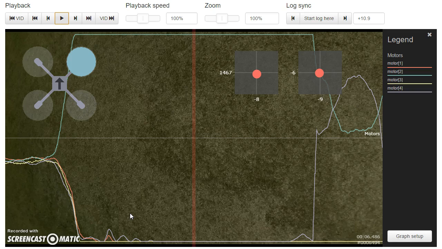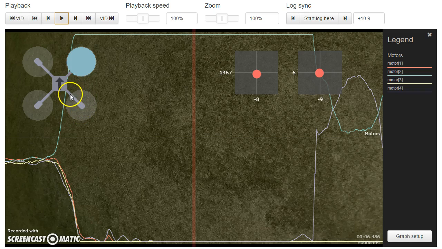Once a motor reaches maximum, let's say you're trying to roll left and you're also doing some other stuff. Your number one motor, your back right motor, is spun up because you're trying to roll left. Let's say you're also pitching forward, so that motor spins up even more to the point where it maxes out. But you're still not getting the desired angular rate.